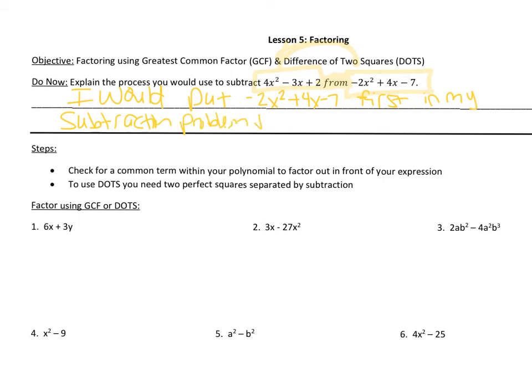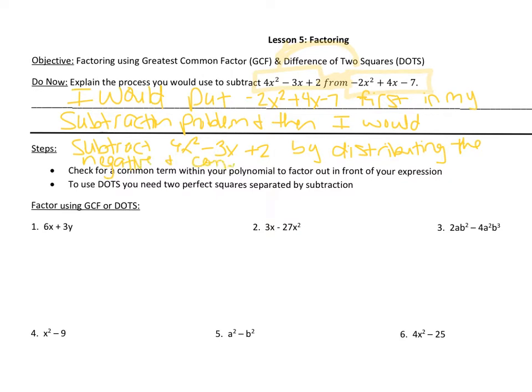And then I would subtract 4x squared minus 3x plus 2 by distributing and changing all the signs. Distributing the negative, let's do it that way, the negative, and combining like terms.